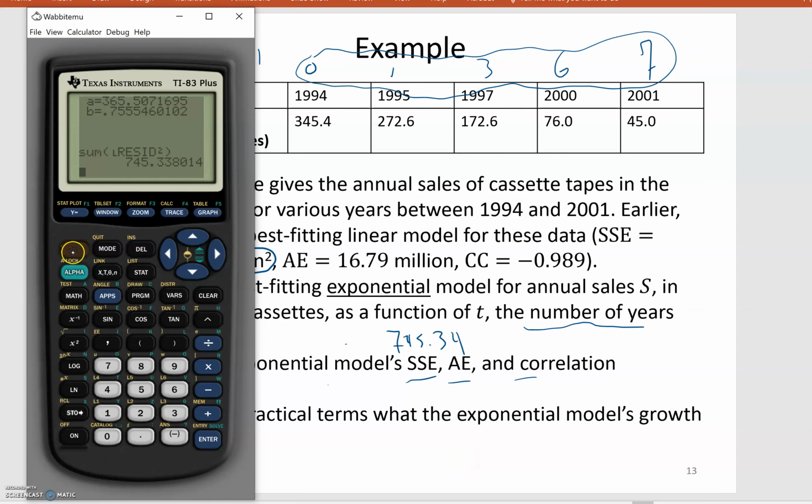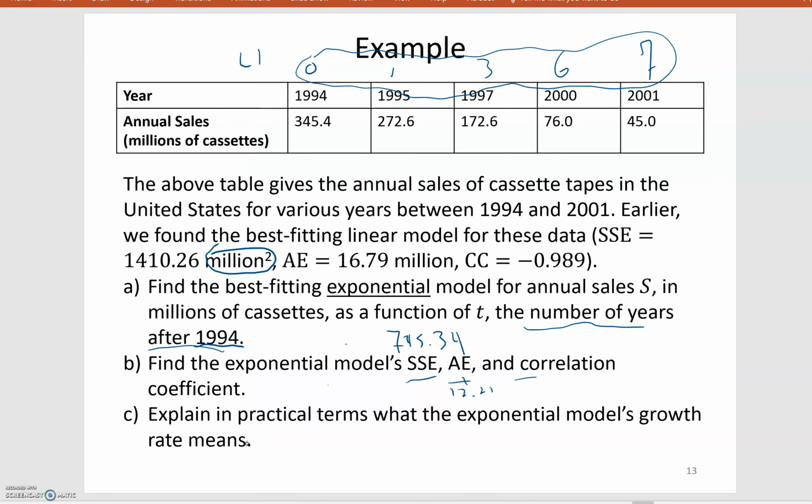So we're just going to take the square root of the answer divided by 5. And our average error is 12.21. Again, much improved over our previous average error.